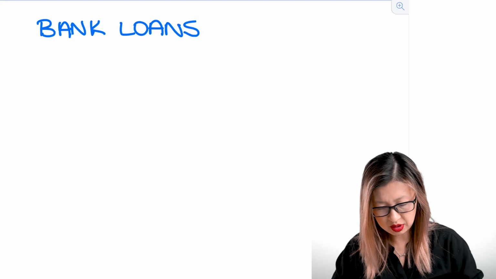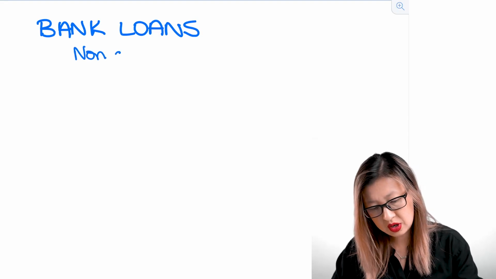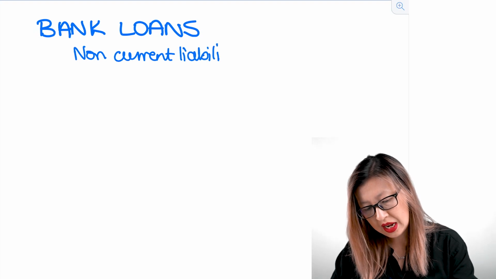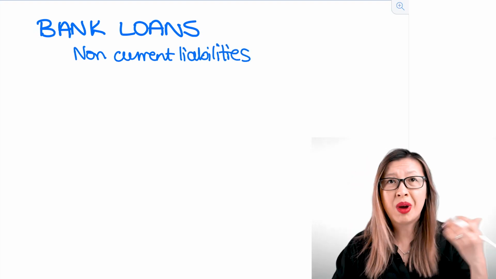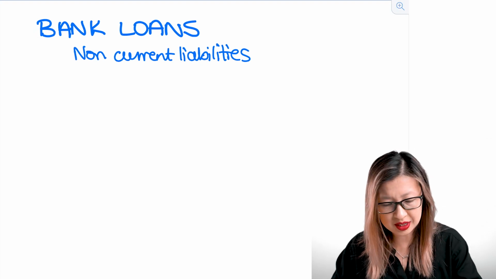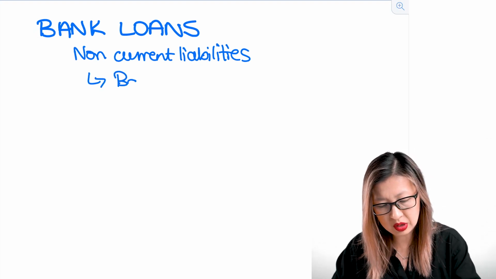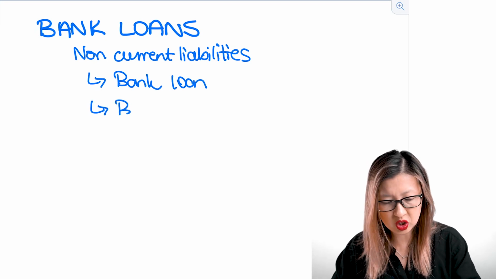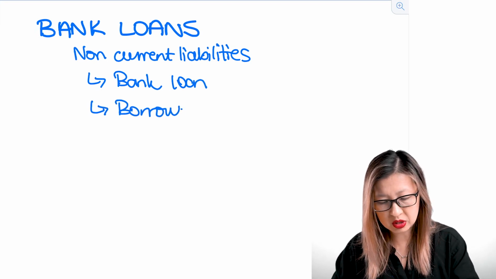So today we're looking at bank loans, and typically we're going to see bank loans in our non-current liability section. Now, depending on the entity, you might see something in a smaller entity that does say bank loan, but more often you'll see something that just says borrowings.